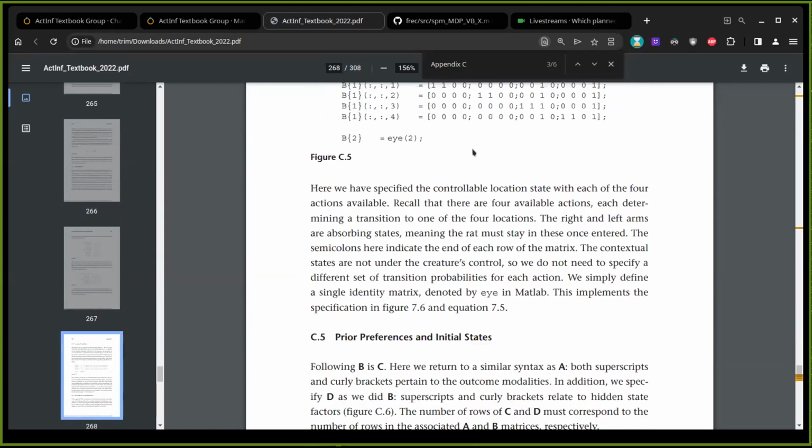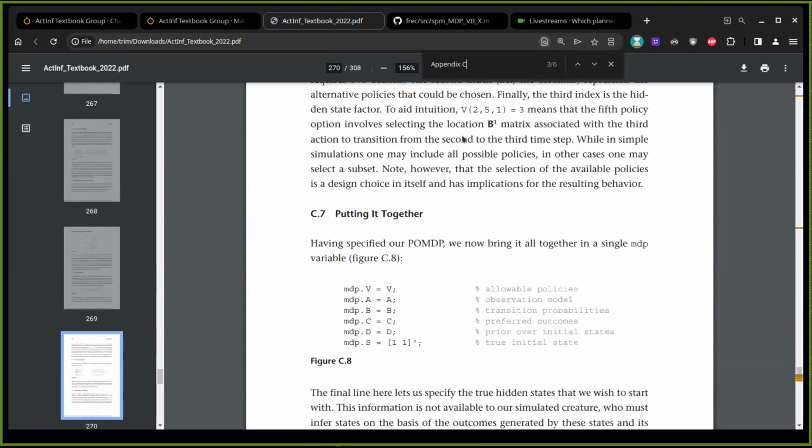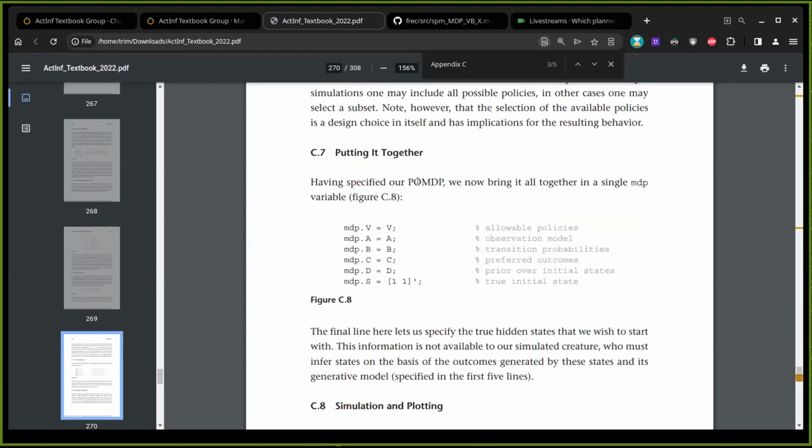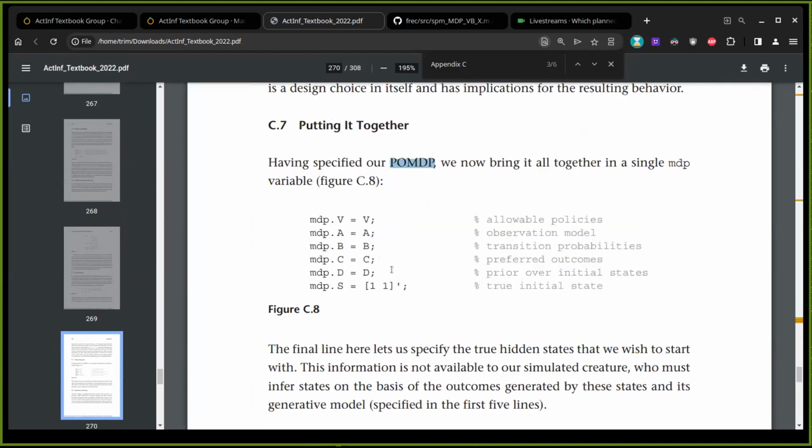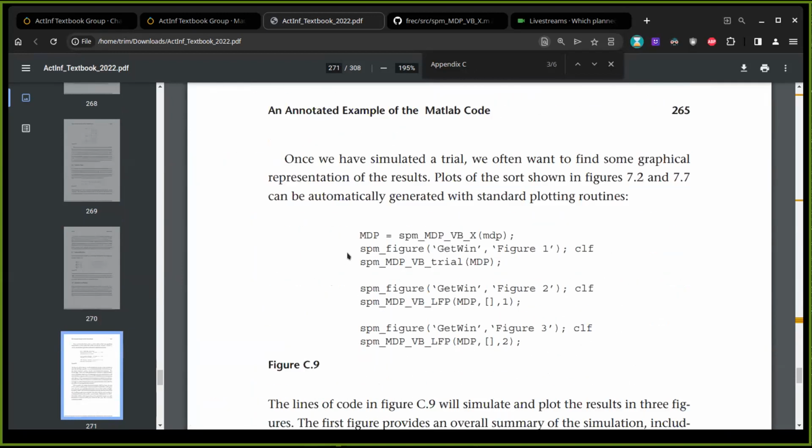But what you said is absolutely right on, which is the entire POMDP, the entire figure 4.3 discrete time model, it's all the letters that we talk about: A, B, C, D, and then E, which is just given the letter V here, and then the true starting condition. And then you just let it run.